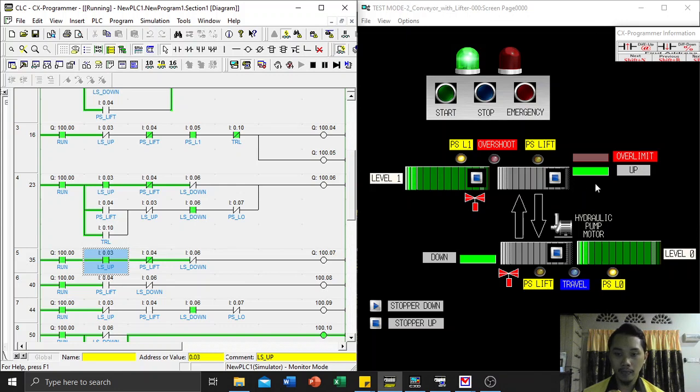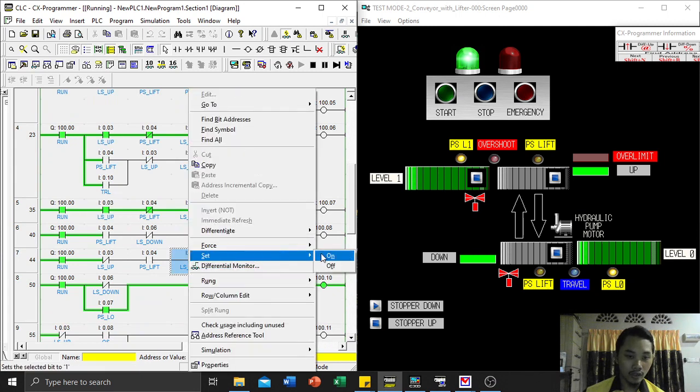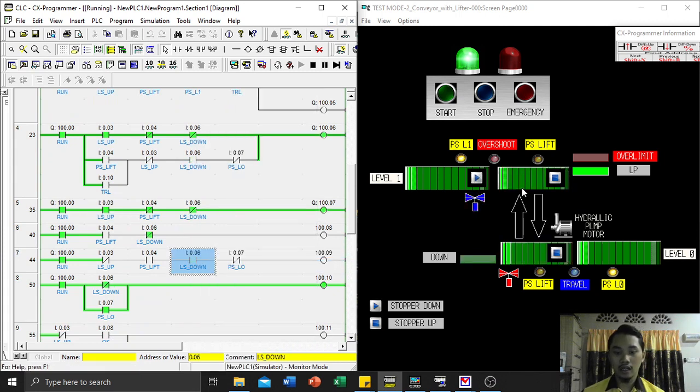But if the system detects that the limit switch up and down are both high, which means two limit switches are on, then the load from level 1 will not be transferred onto the lift. For example, this happens if the limit switch at the down position is malfunctioning. If the limit switch down is not malfunctioning, it will send the load normally.